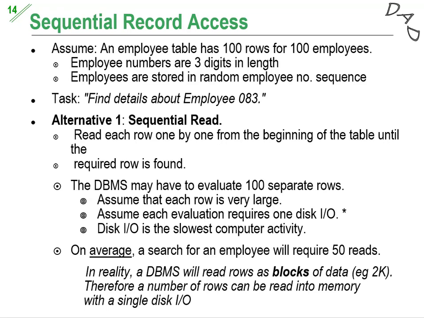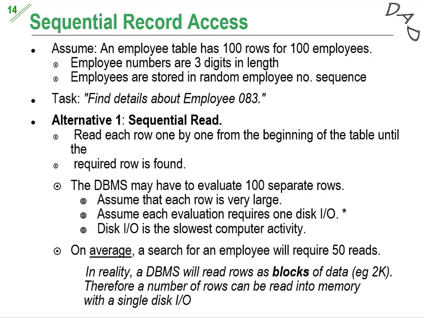Now think about this example. Assume that we have a table called employee table. It has 100 rows, which means we have 100 employees in our employee table. Employee number is the primary key and the employee number is 3 digits in length. Employees are stored in the employee table in a random order.